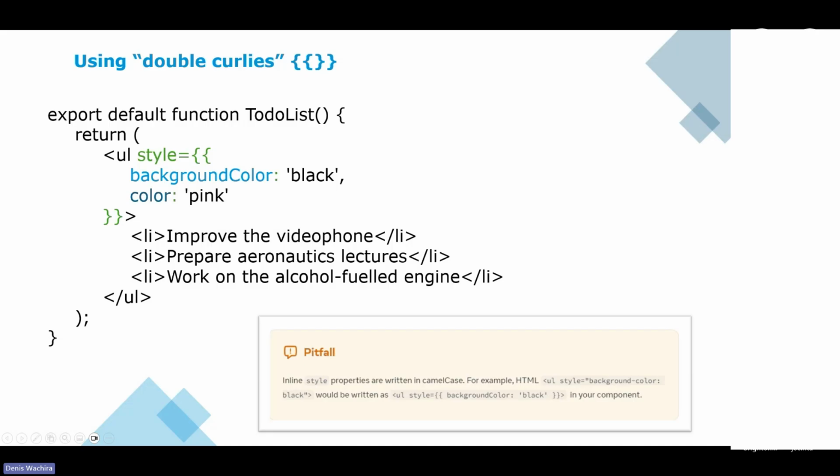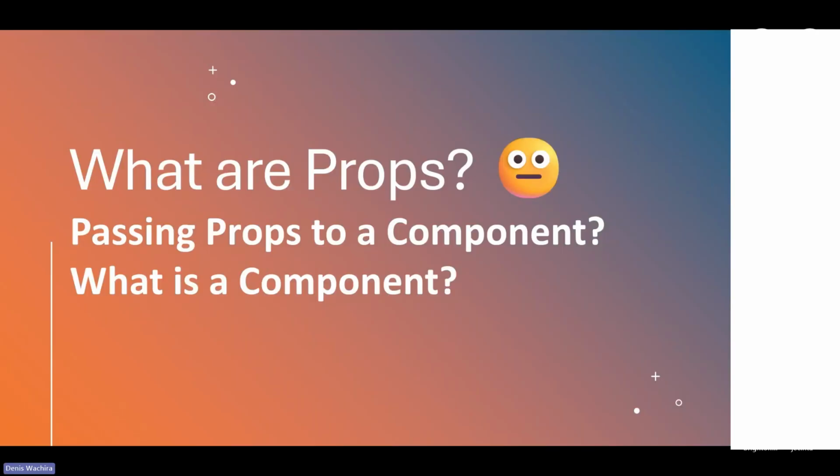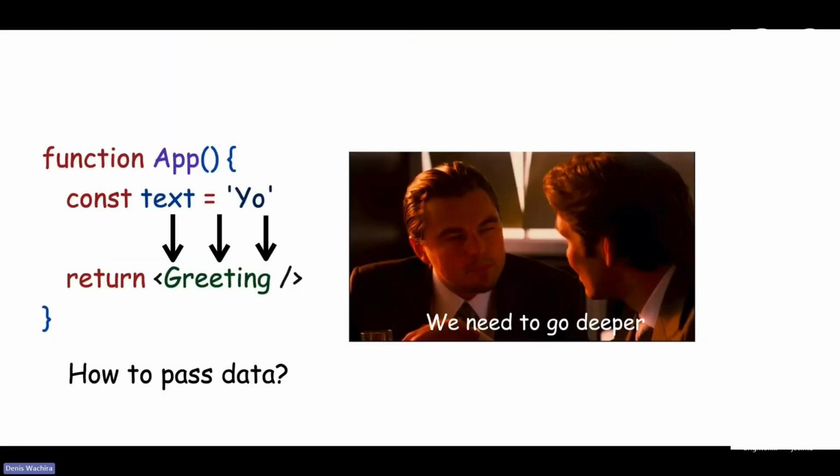So the next thing is now to ask ourselves, what are the properties or the props, and how can we pass props in a component? And also, what is a component? In a function like this, so we have a function like App, which is also a component.